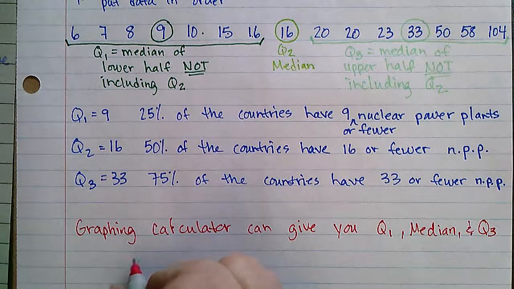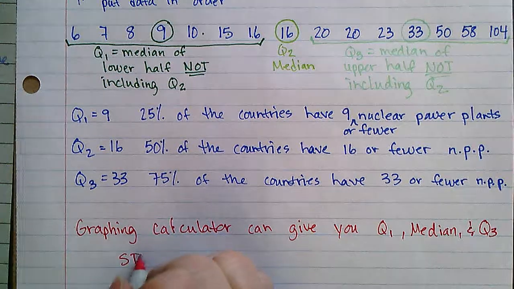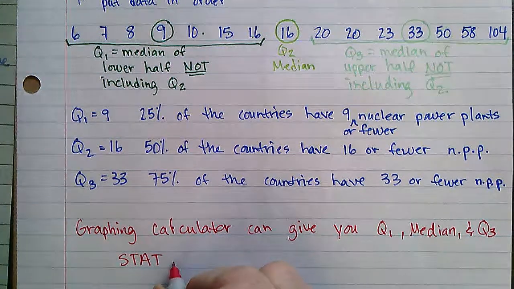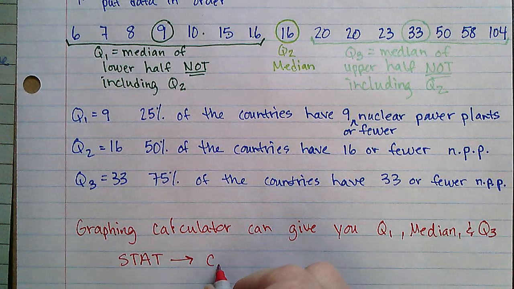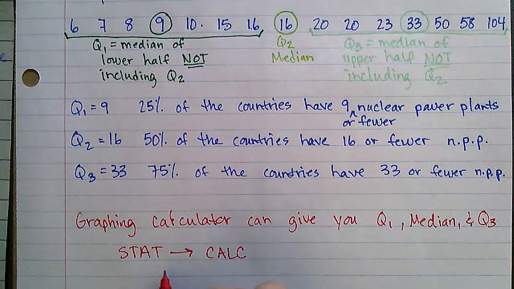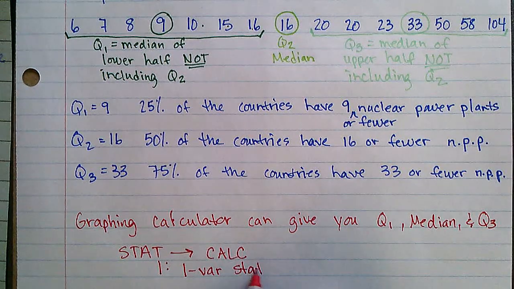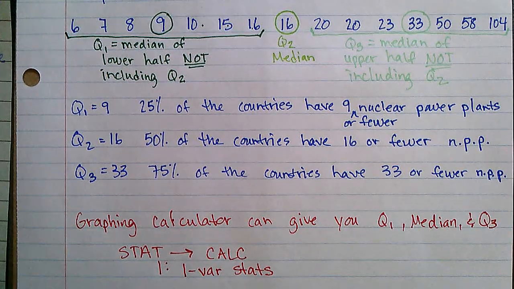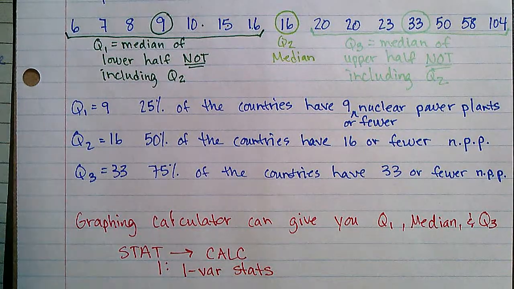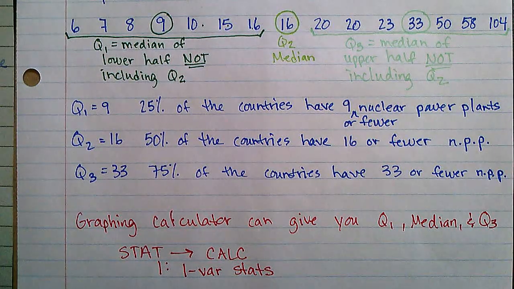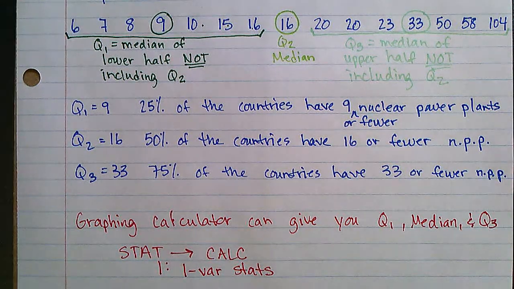And that is under the menu Stat, and then arrow over to Calculate, and then choose option number 1, variable statistics. If I'm asking you to do this on a test or when you're practicing on my math lab, you should do some of these at least by hand so that you know how to do them.